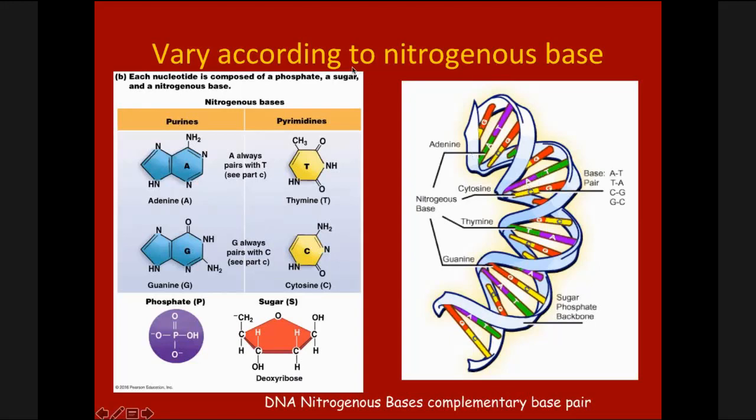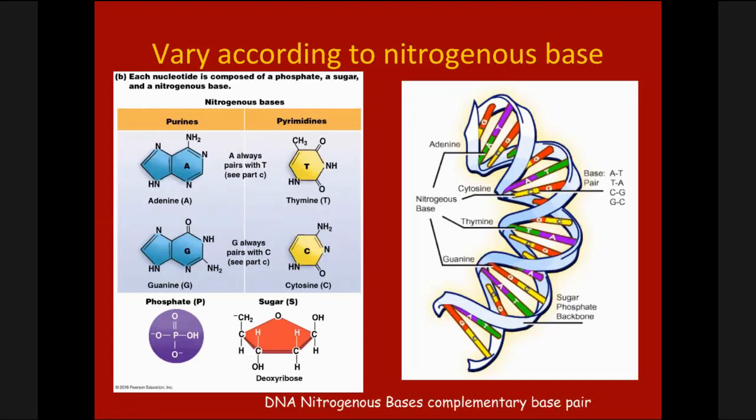If we take a look at this diagram, you can see AT, AT, AT, AT. Adenine and thymine are always going to bind to each other and form a little bond. Guanine and cytosine, if you take a look, are always going to bind to each other. We call this the complementary base pair rule.